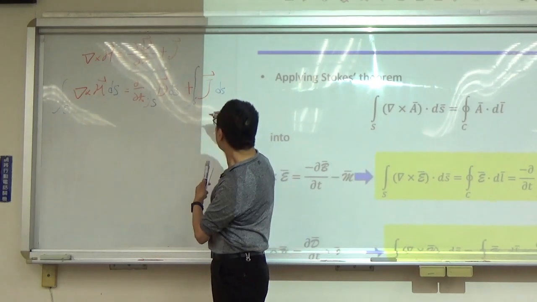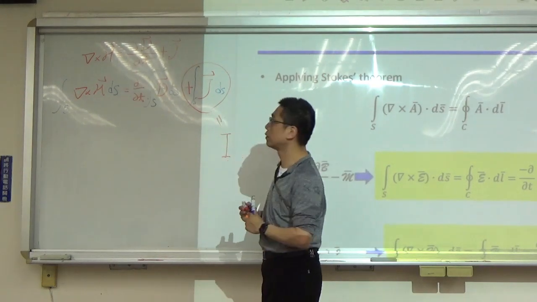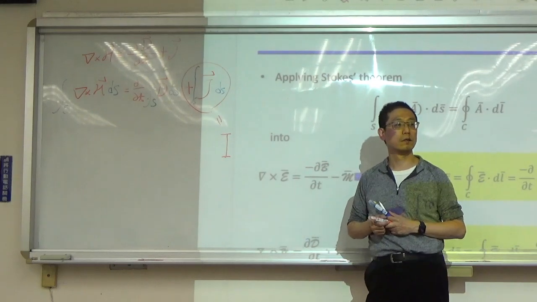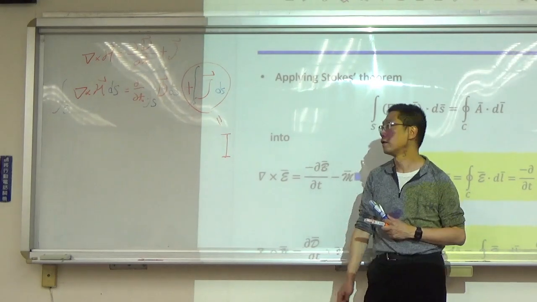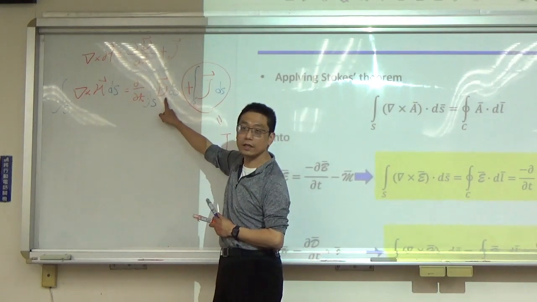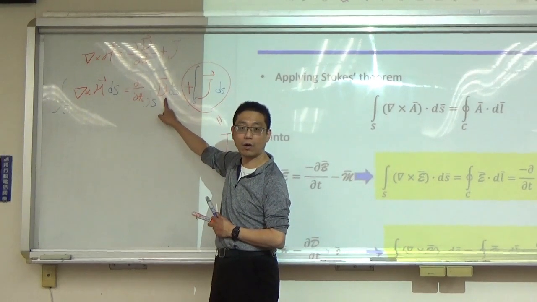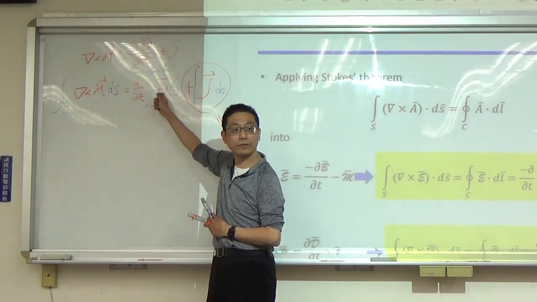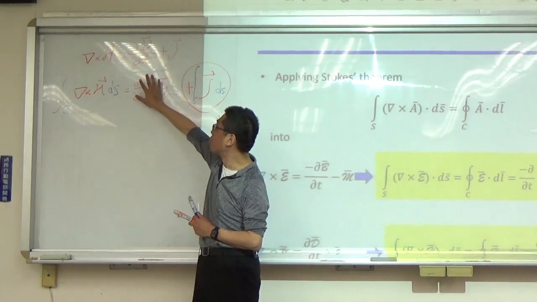So this part becomes the current. If your D is not changing with time, you can omit this one.